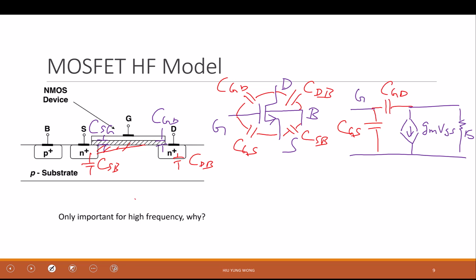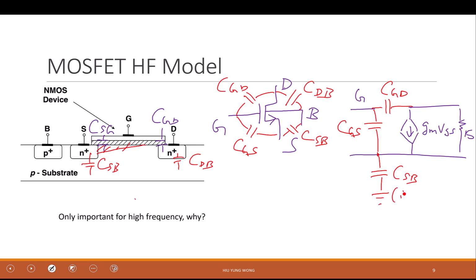And then how about the other 2 capacitors? Very good. Then someone says to ground, but hold on. CSB. The problem is I never showed you B in the small signal model. If you go to a more advanced class, you do have the B, you have the gmb. You also have the transconductance. But in this class, that's okay. Let's just put it to ground.